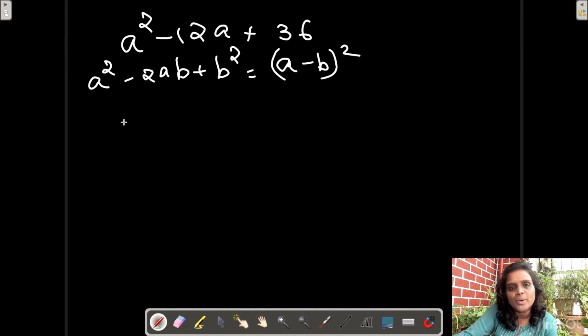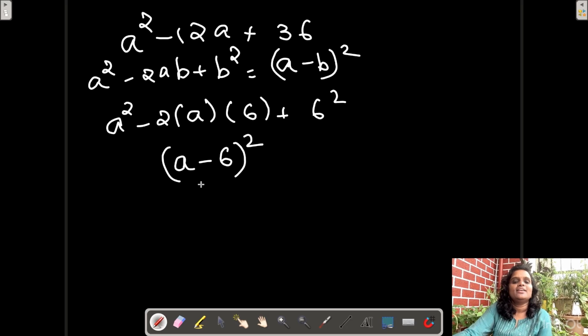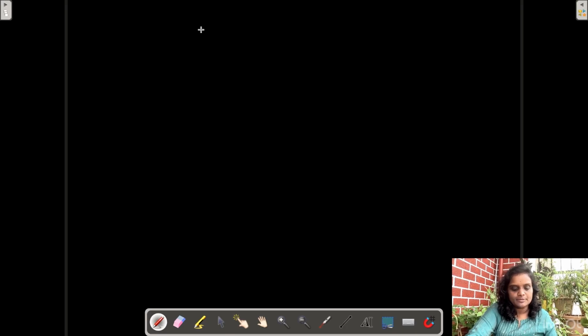Let's check for 2ab. a square minus 2 into a, and b is nothing but 6, plus 6 square, right? Is this the same? So now I can write it as a minus 6 whole square. This is how you find the factors for perfect square trinomials.